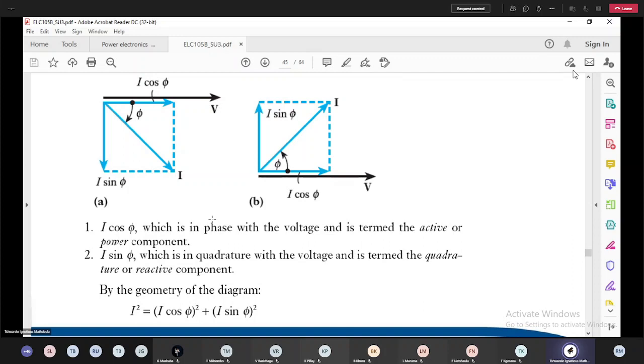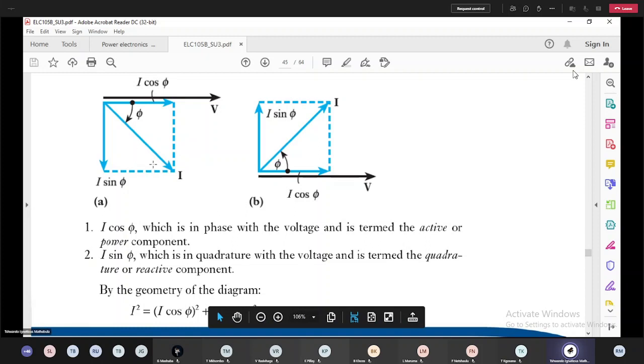So if you have got two or more components that are connected in parallel, what you need to do is decompose that current, that total current, into its components. That is your cosine component and your sine component.